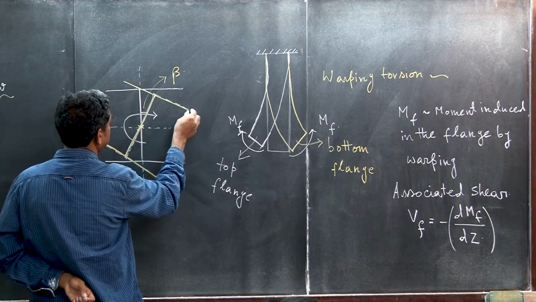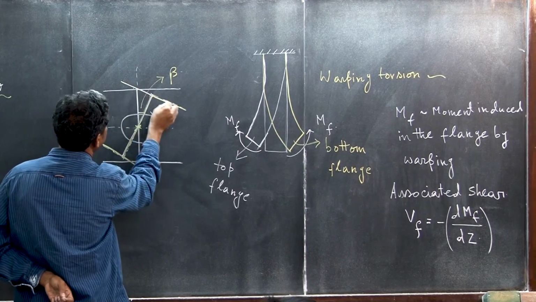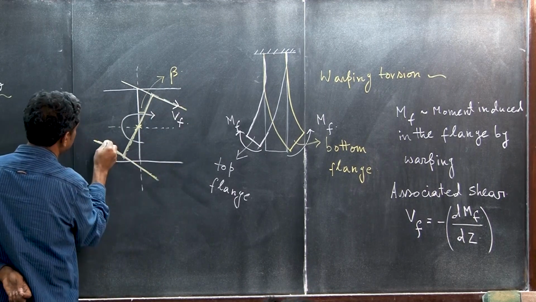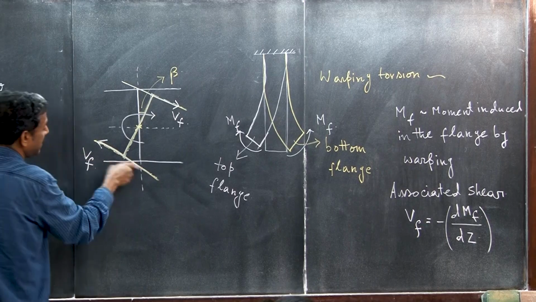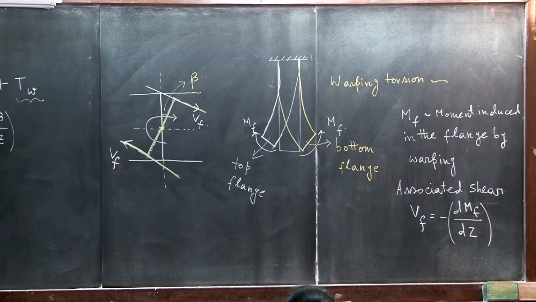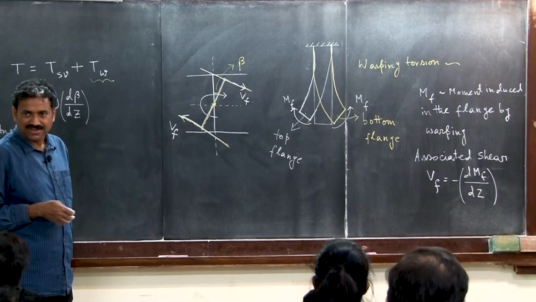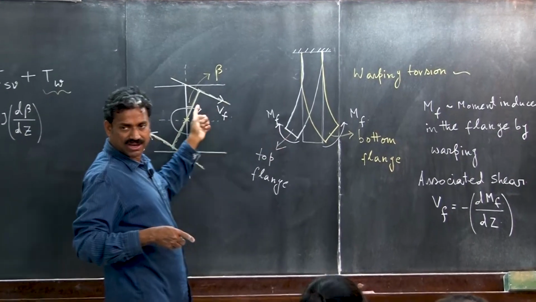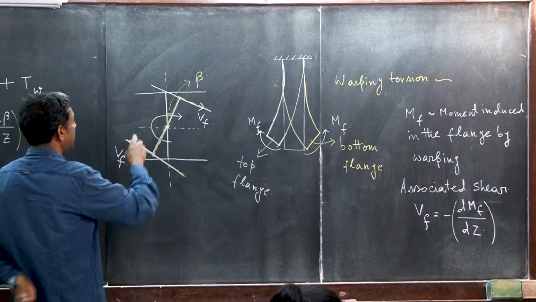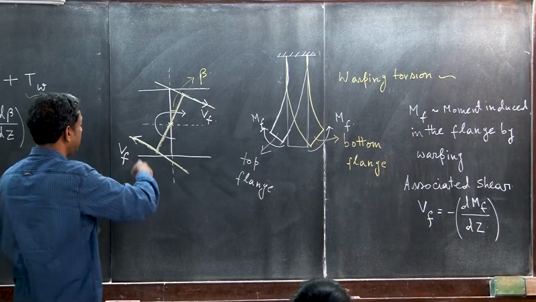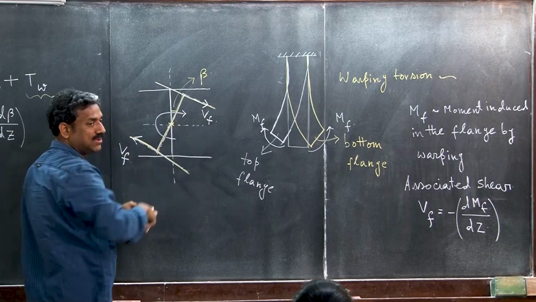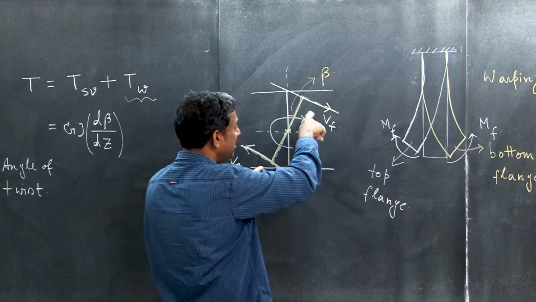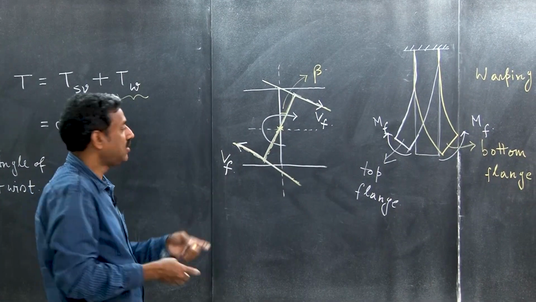So, how will this Vf occur? Here there will be Vf, and here there will be Vf, you see that, because this shear is along the flange, along the section of this thin flange, right. Fine, okay. Now, you can clearly see that if these are the two shears which are developed, they will consist of a resulting couple.